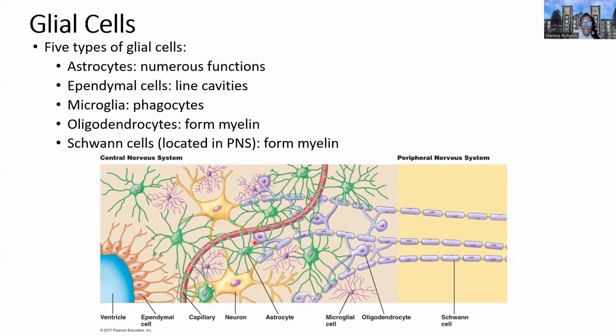So the cells that lay down that myelin are oligodendrocytes in the CNS. And then out here in the PNS, the cells that myelinate are Schwann cells. So Schwann cells will myelinate peripheral nerves, anything that's outside in the peripheral nervous system, and oligodendrocytes myelinate neurons in the CNS.